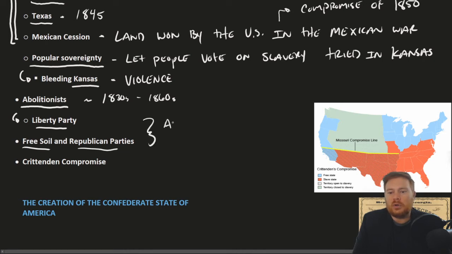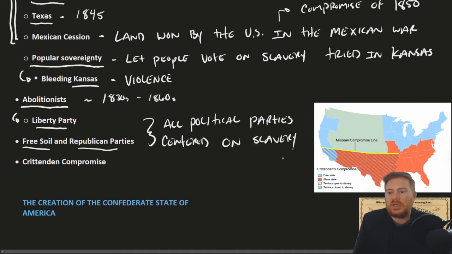These were all political parties that were centered, their entire focus was on slavery. So as the decades went on, this issue of slavery became a much bigger concern for Americans.